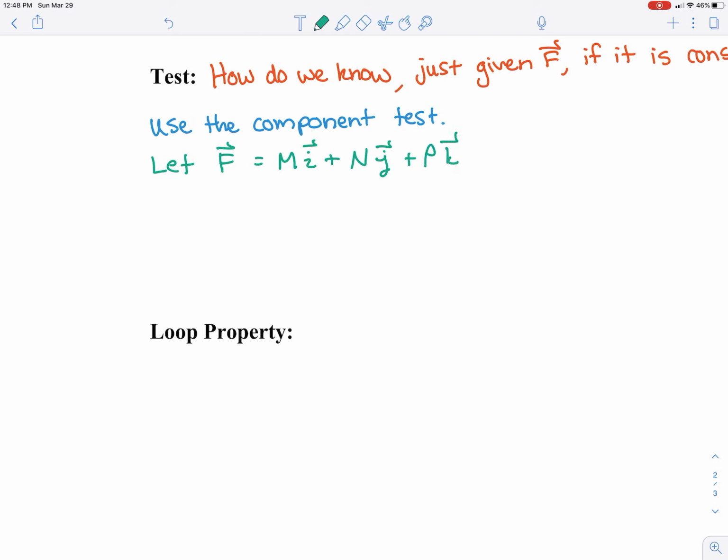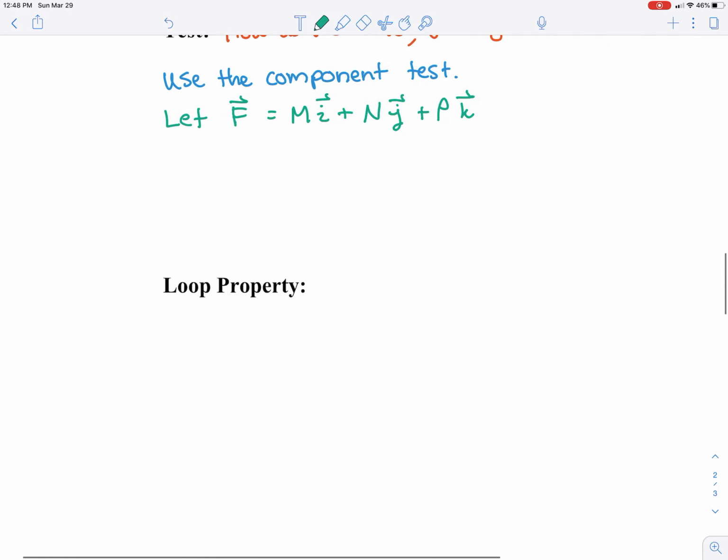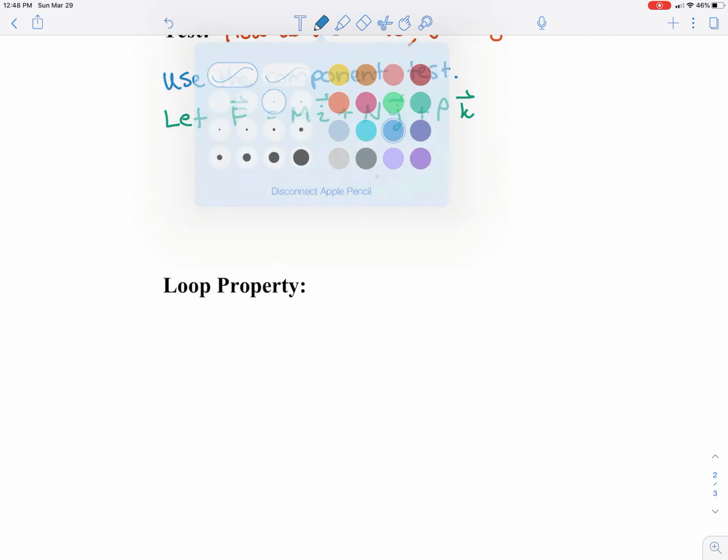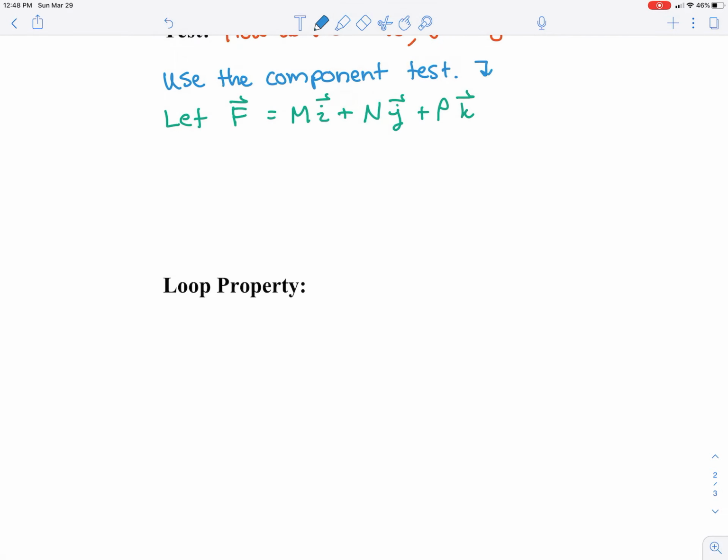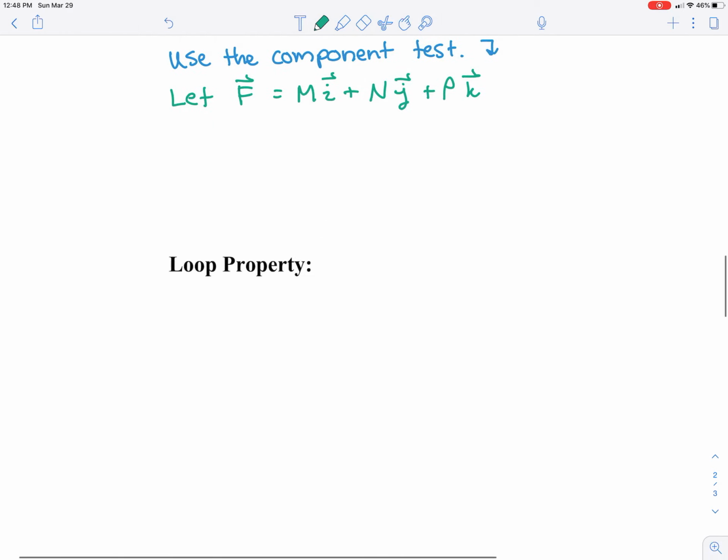So if this is just our generic vector field and we want to test whether or not it's conservative, then these equalities must be true.